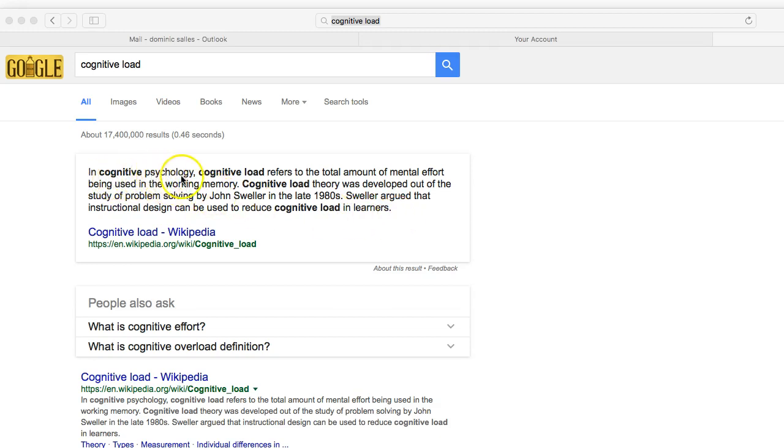So in cognitive psychology, that's just the science of how we know things, cognitive load refers to the total amount of mental effort being used in the working memory. And so the crucial thing here is that when you're reading new stuff, your memory has to take on a lot of new facts all together.